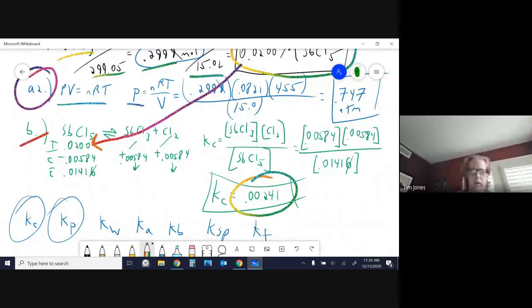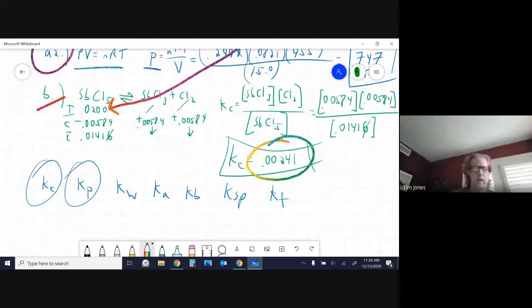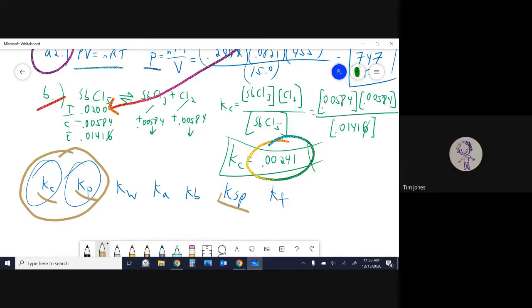And then at the end, I just mentioned there are a variety of different K values. So Kc, concentration, Kp, pressure, which you're only looking at gases in this case. We're going to focus on these two right now, but we will in time deal with, the next chapter will be Ksp for saturated solutions.